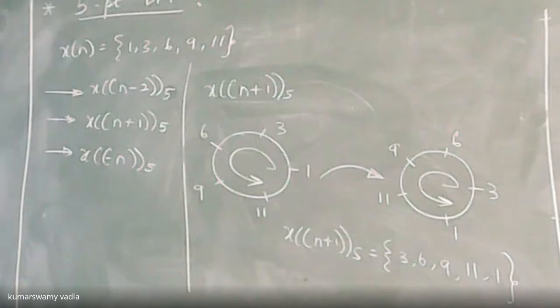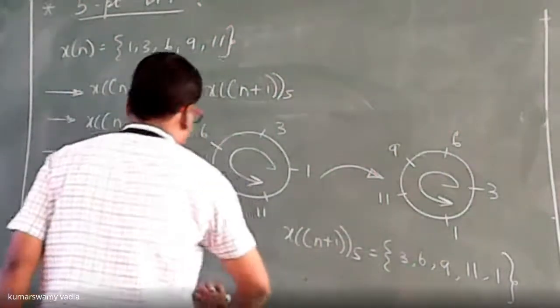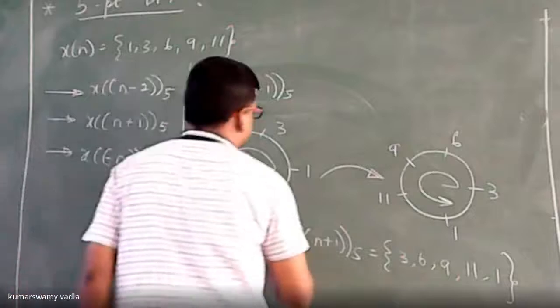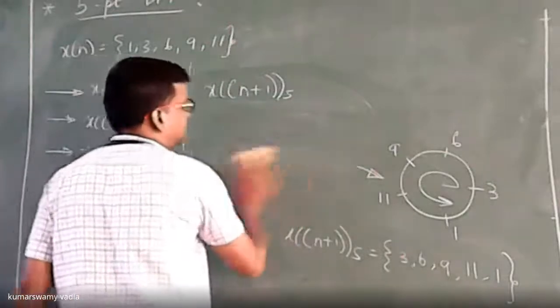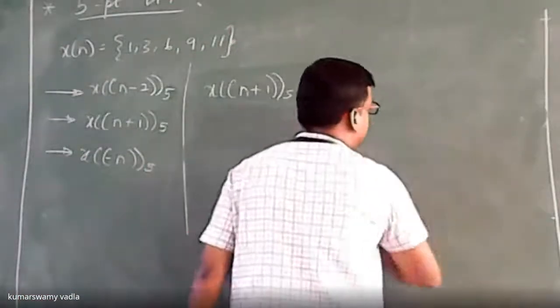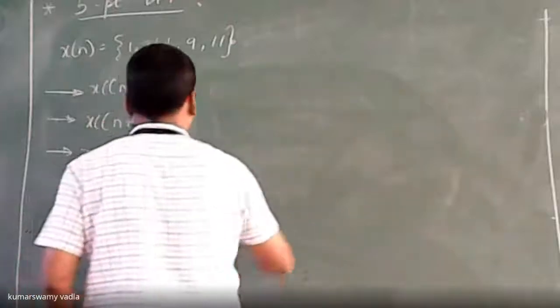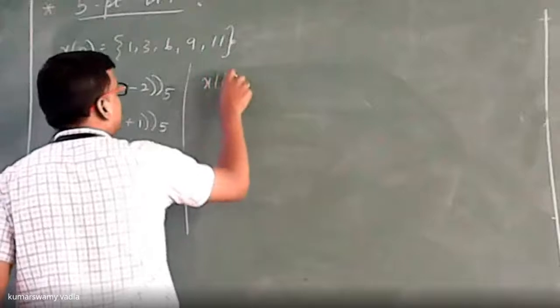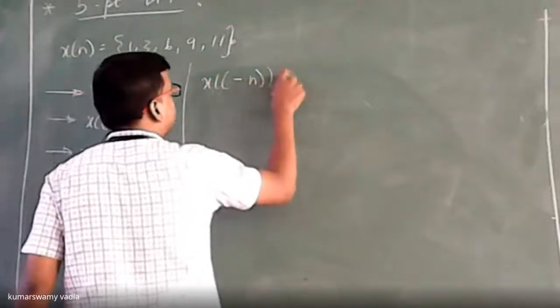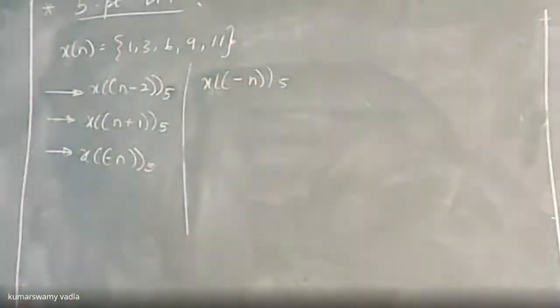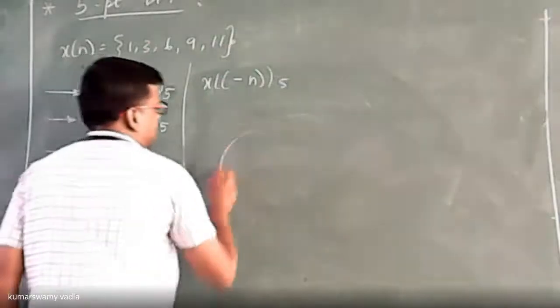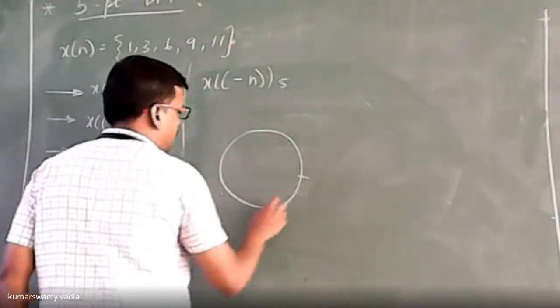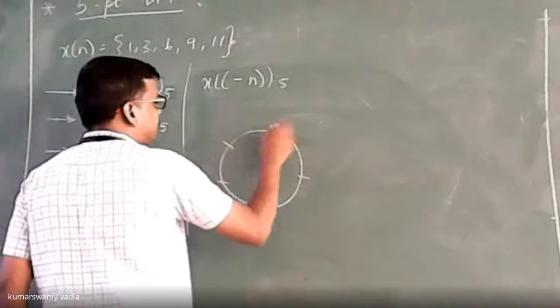Over? Now, similarly, let us draw for the last one to represent in mirror image. The third bit, this one, x of minus n of 5. First, write down the question in terms of anti-clockwise direction.